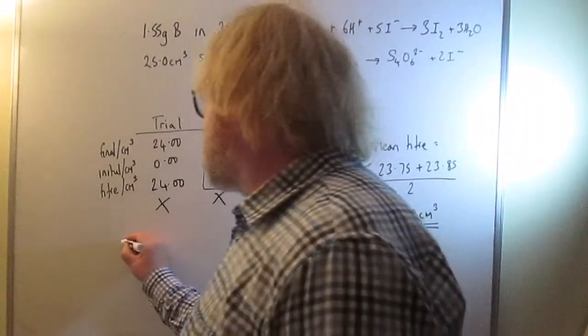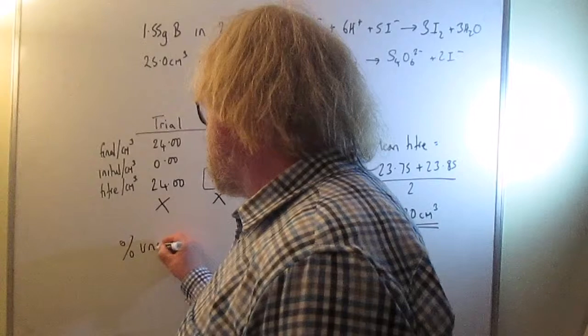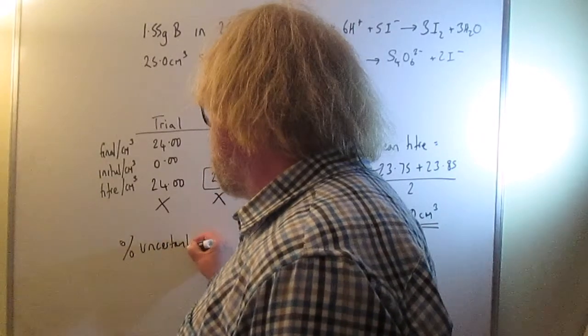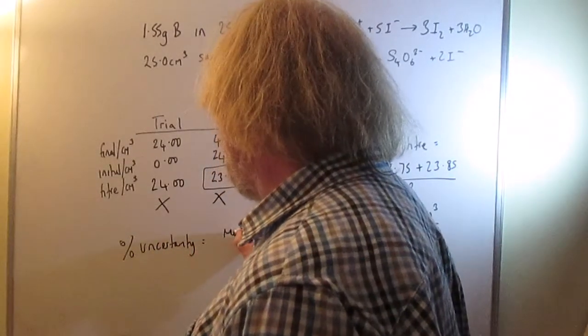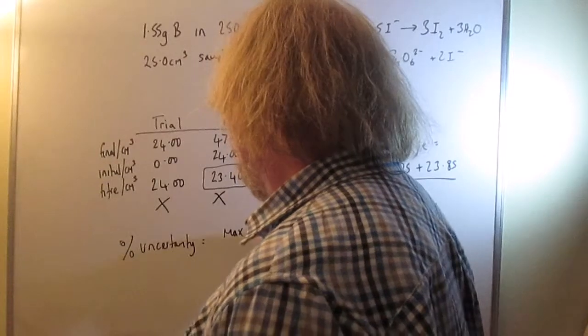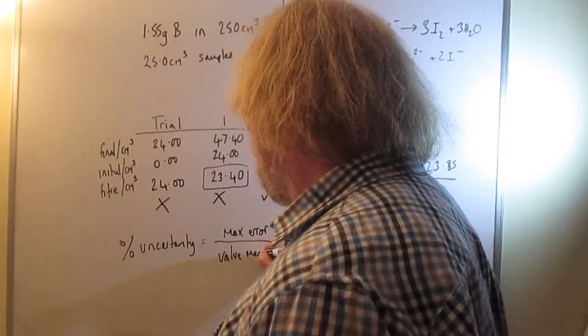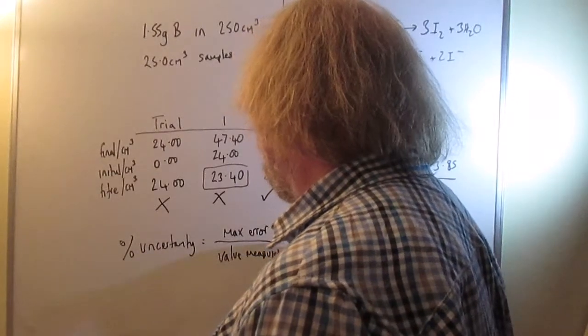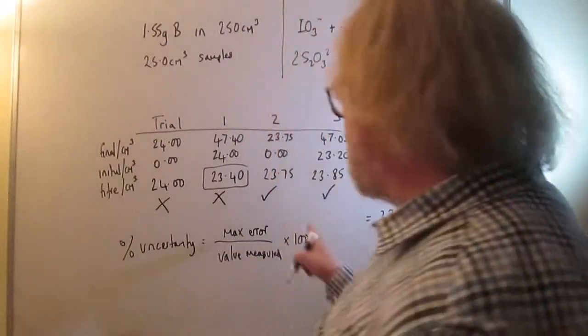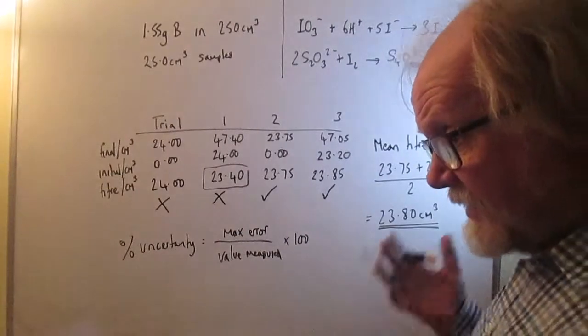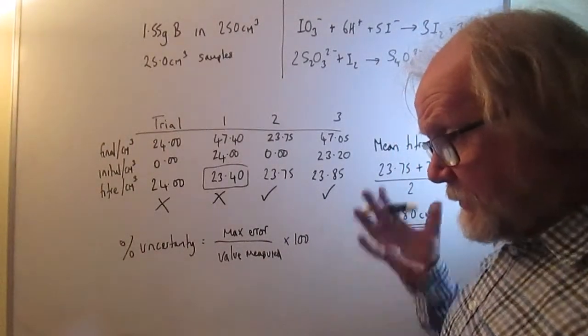So percentage uncertainty is just equal to the maximum error divided by the value measured times 100.